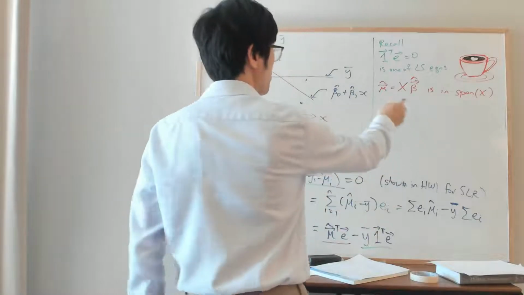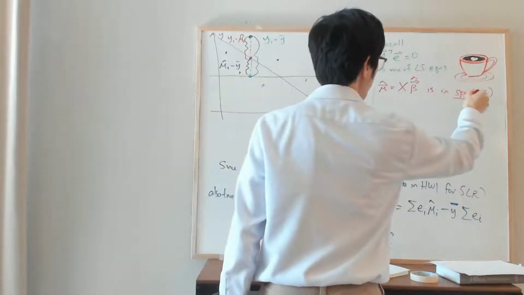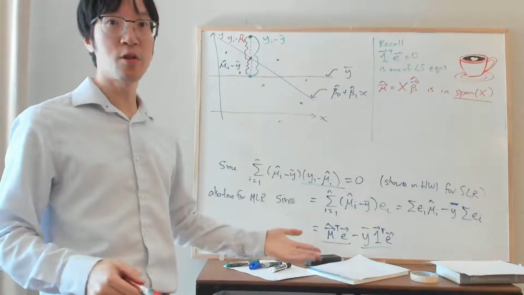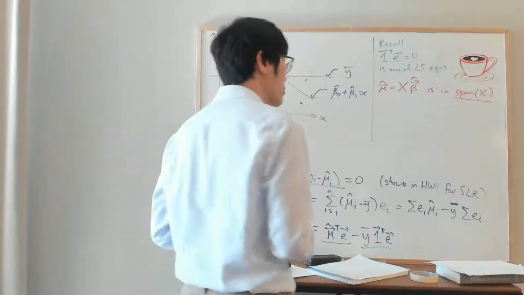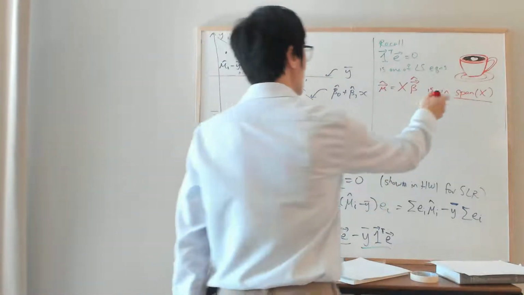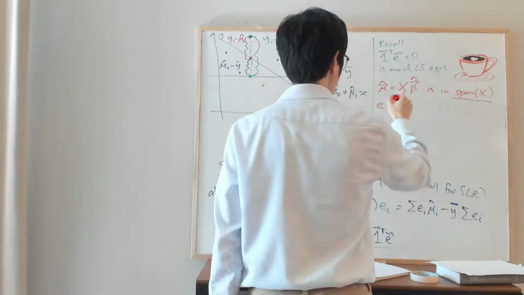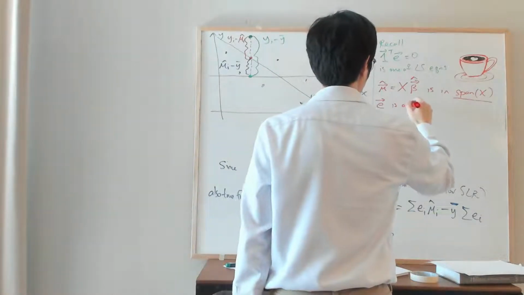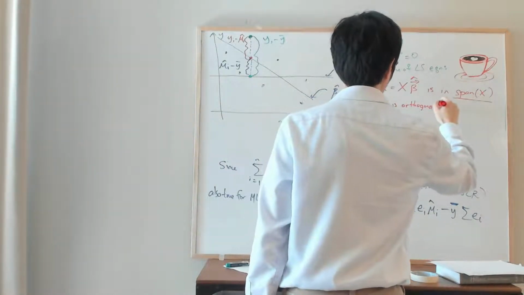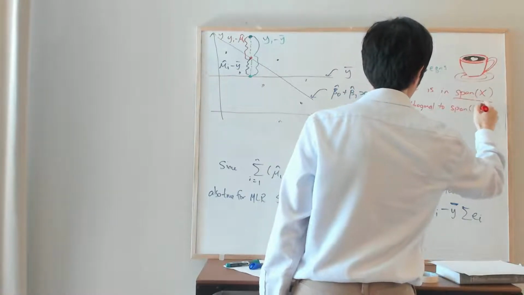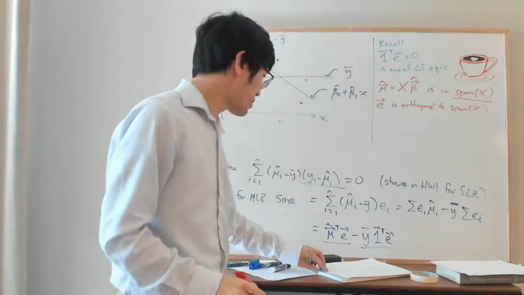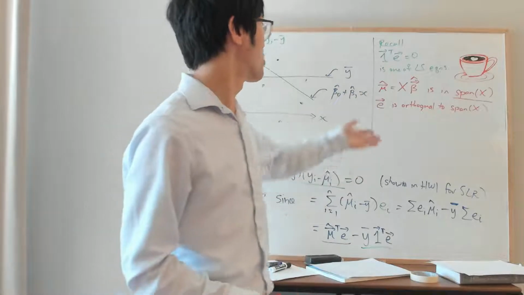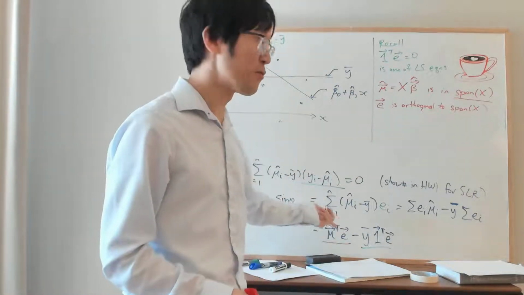Why is this fact useful? This vector is in the span, and what do we know about the residuals relative to the span? Well, in that geometric representation, we know that the vector of residuals is orthogonal to the span of X. With that fact in mind, and realizing that this fitted value lies in the span of X, we know that these two vectors are orthogonal.